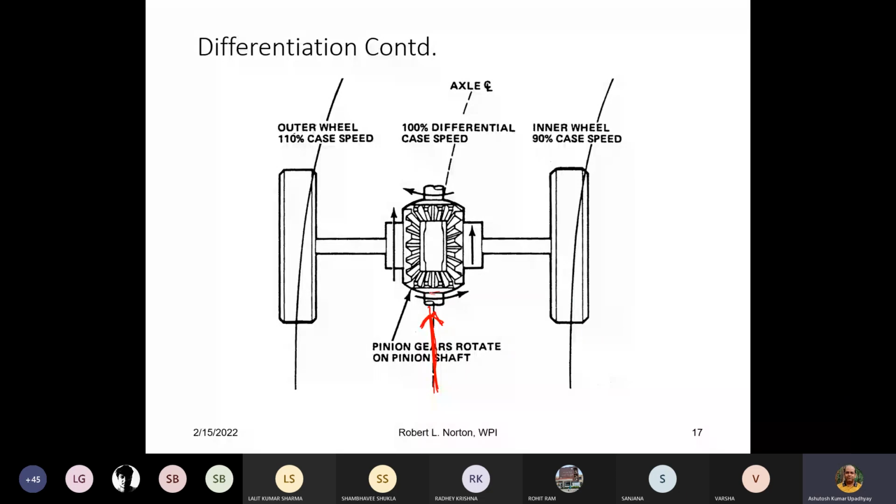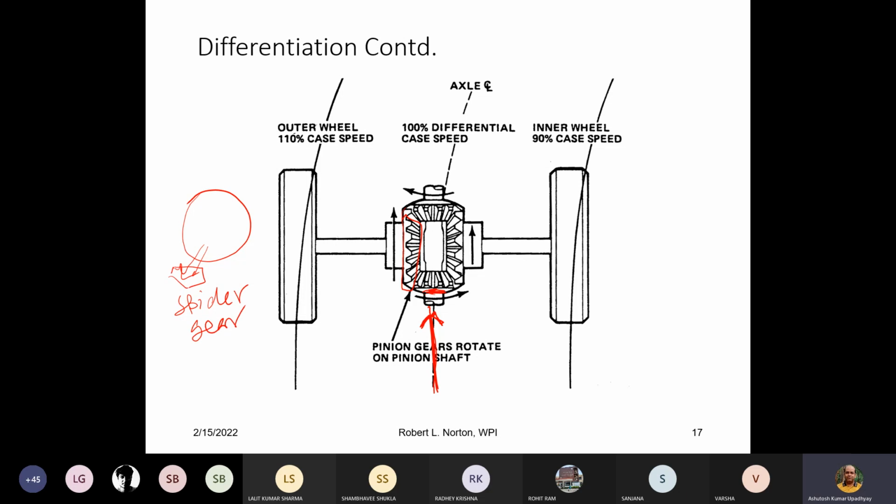This pinion will be attached to a large gear, the ring gear. And there will be one spider gear also, and that spider gear is creating that differentiation.